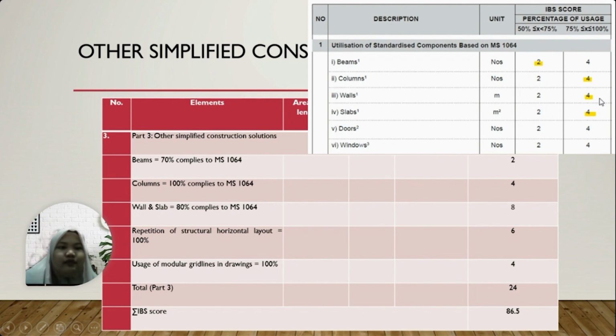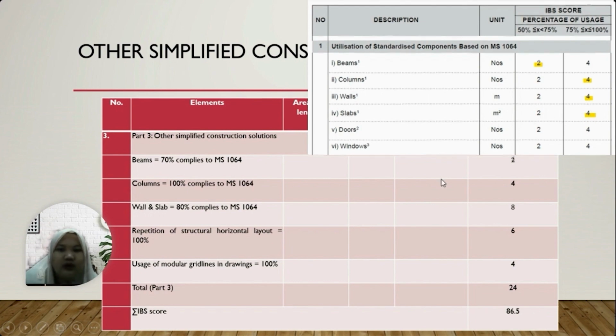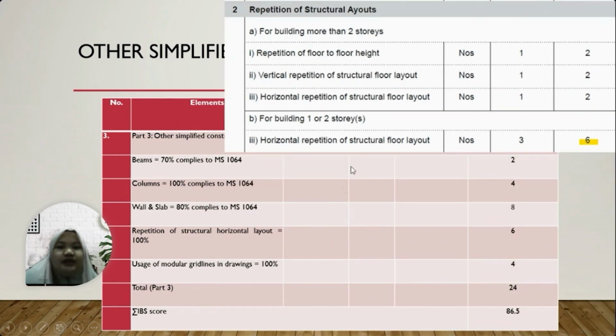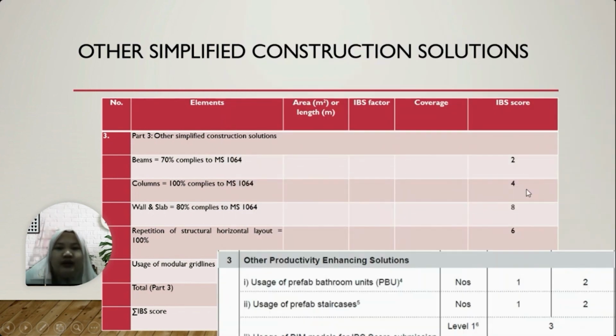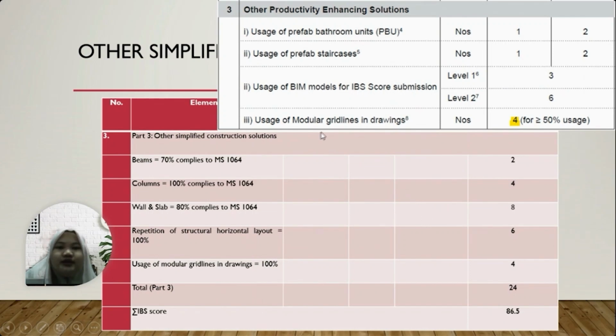For walls and slab, we comply 80%, so we get 8. For the rotation of structural horizontal layout, since this building is a two-story building, we get 6 for the score. Then since we use 100% of modular grid drawing, we get 4 for the IBS score. So the total of this score is 24.